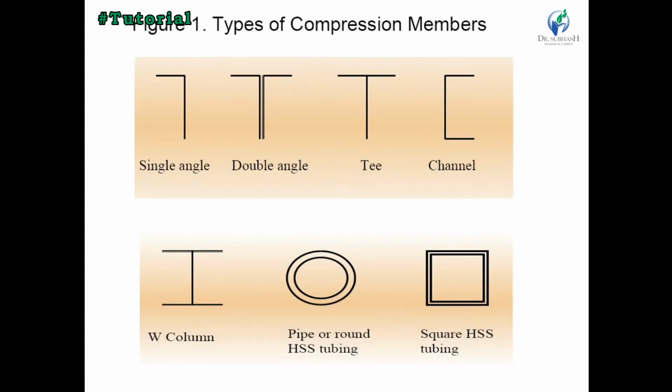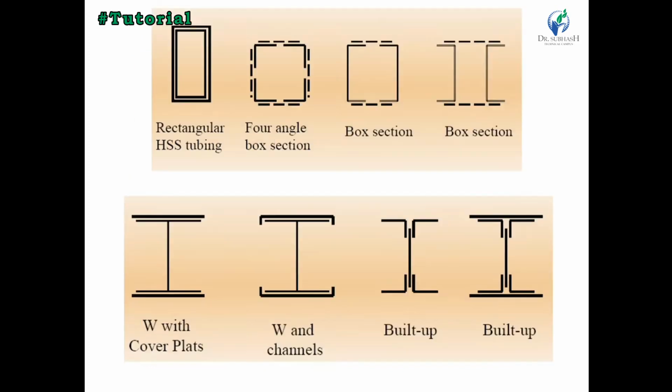Now what types of section can we use for a compression member? The shape of a compression member depends upon the availability of section, the connection problem and the type of structure. Various possible configurations that may be used as a compression member, as you can see in our figure: single angle, double angle, T, channel section, I section, circular section, rectangular section.